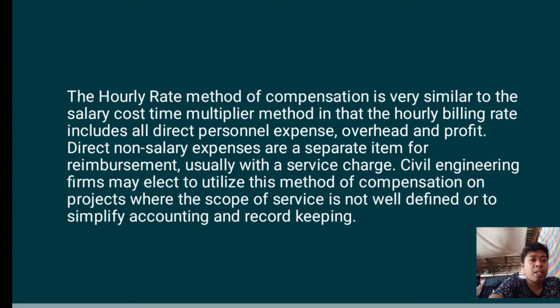In this hourly billing rate, it includes all direct personal expenses, just like the first method. It includes all direct personal expense, yung personal expenses of doing your service on a construction project or construction area, overhead or yung ongoing expenses while doing the service or while you are in a construction project, while you are operating a civil engineering service.